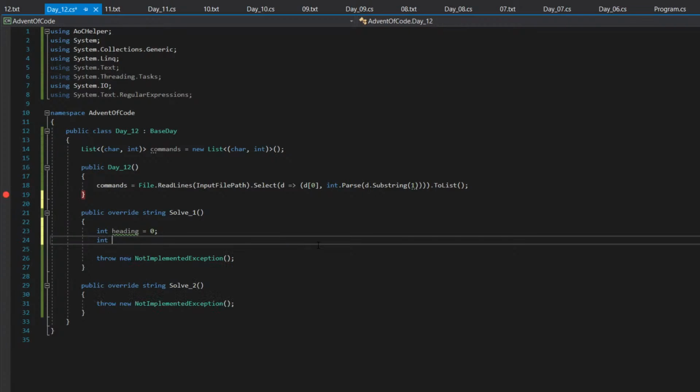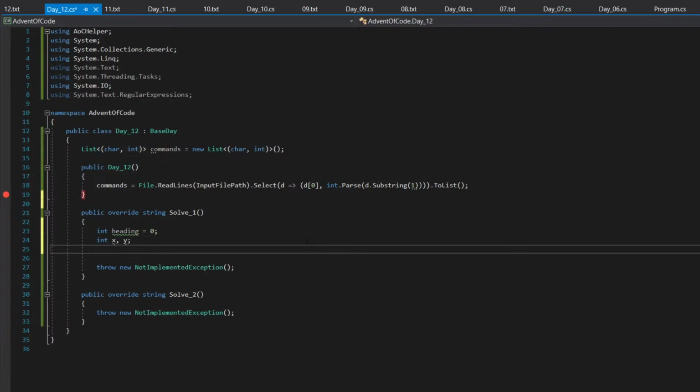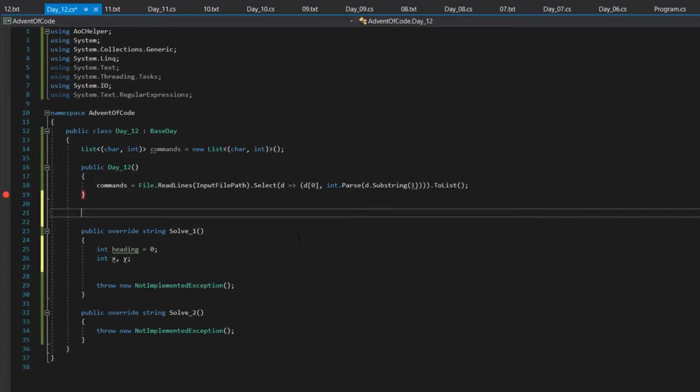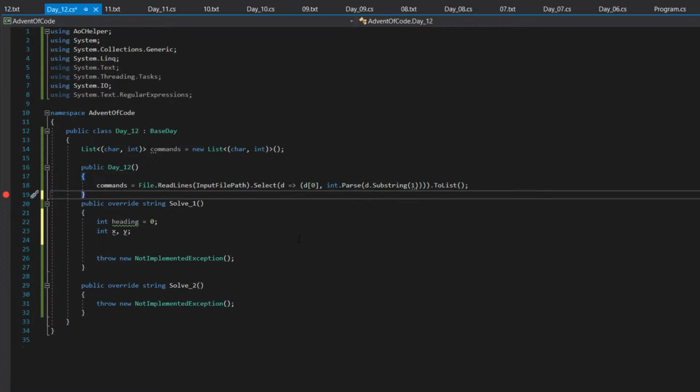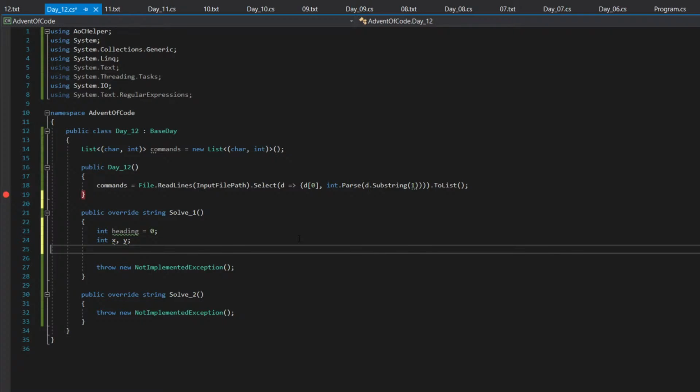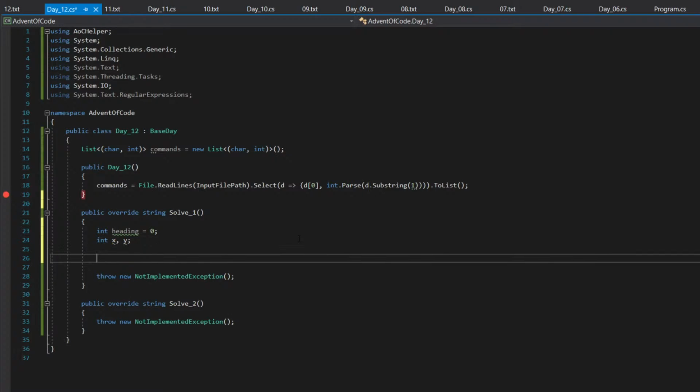And then we have an X position and a Y position. So what are we going to do? We're going to go through each command.